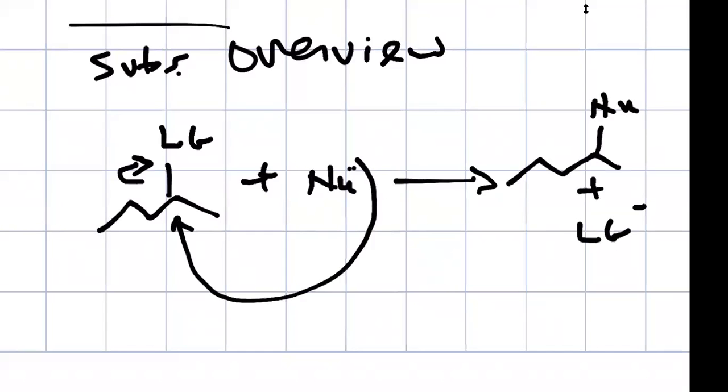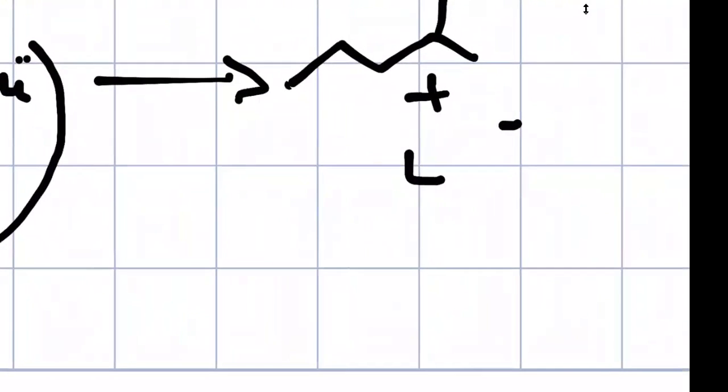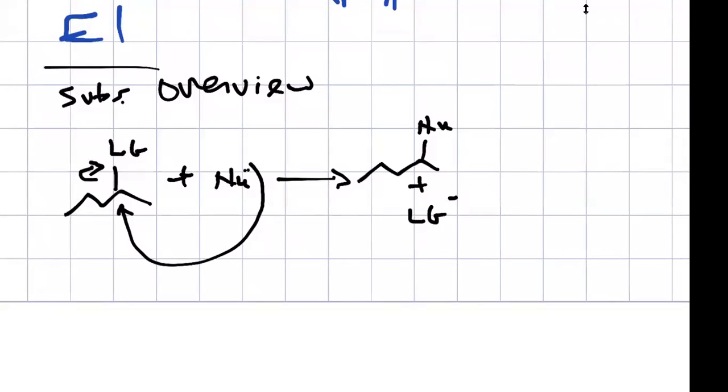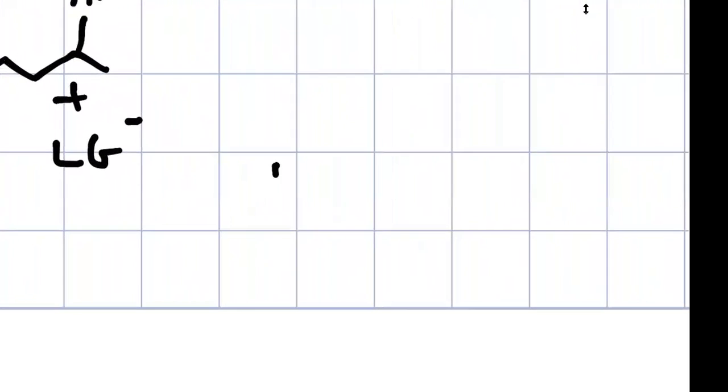Anybody remember what makes a good leaving group? How do we determine if a leaving group is good or bad, from part 1? Is it the pKa of the conjugate acid? Yes. You judge your leaving group ability or stability based on the pKa of its conjugate acid.